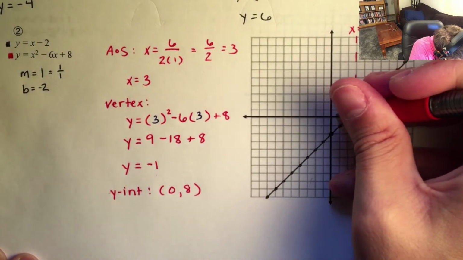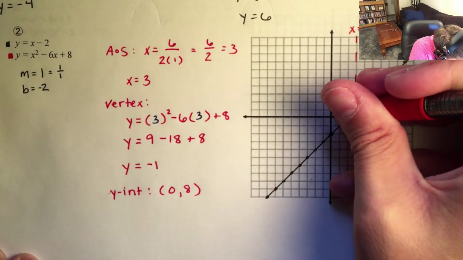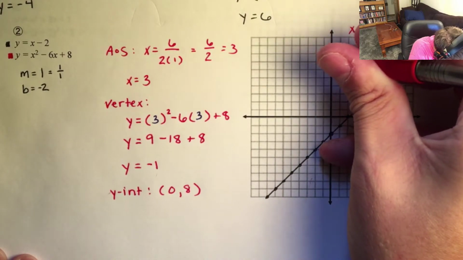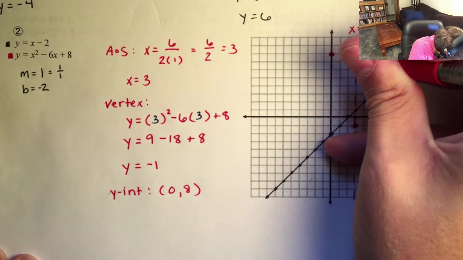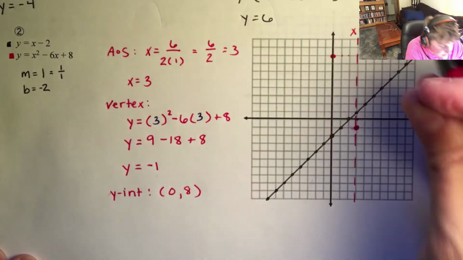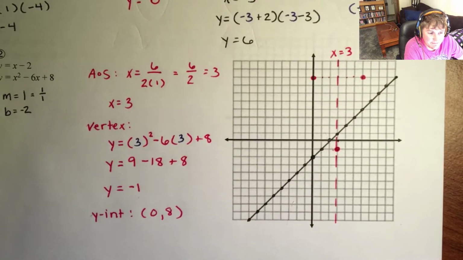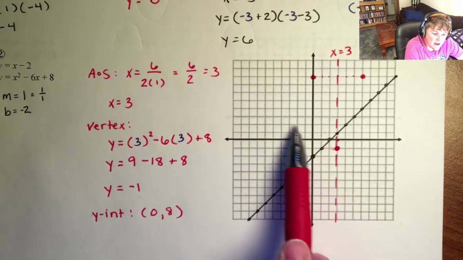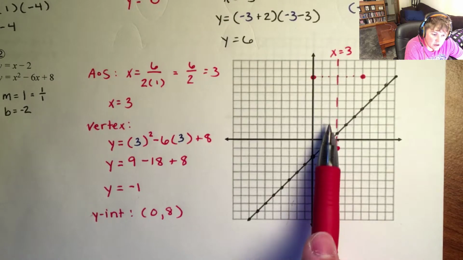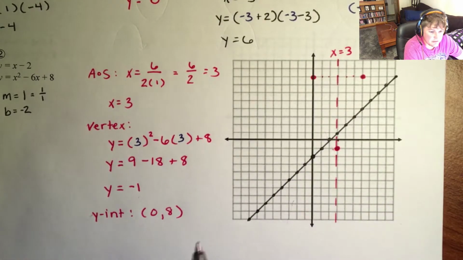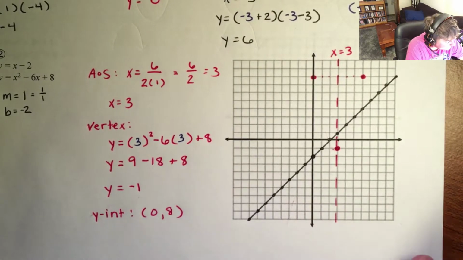So 1, 2, 3, 4, 5, 6, 7, 8. Reflect across my line, 1, 2, 3 away from my line. Okay, so unfortunately that did not get me any points of intersection, so I'm going to have to go back through and probably work for 2 and 1, unfortunately, but I think we'll be fine.